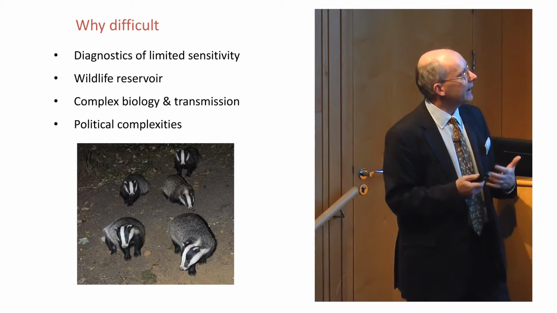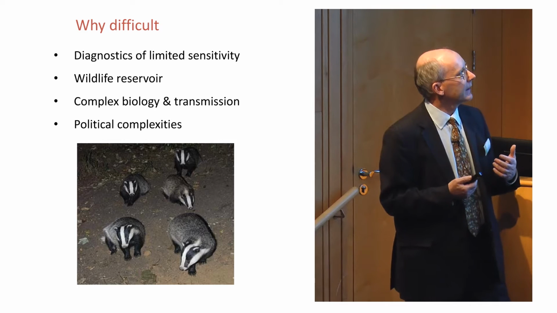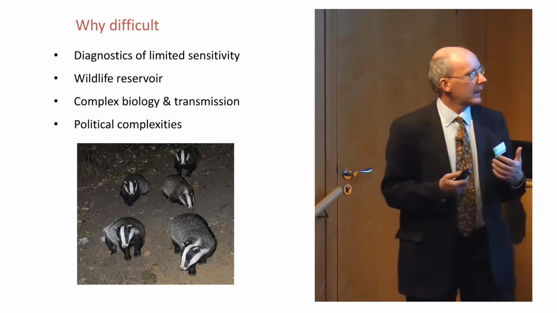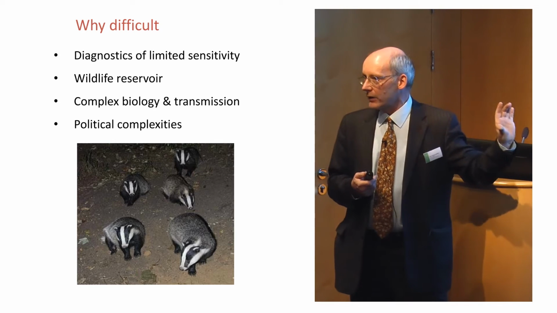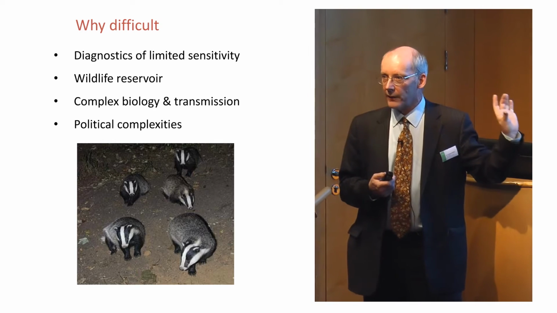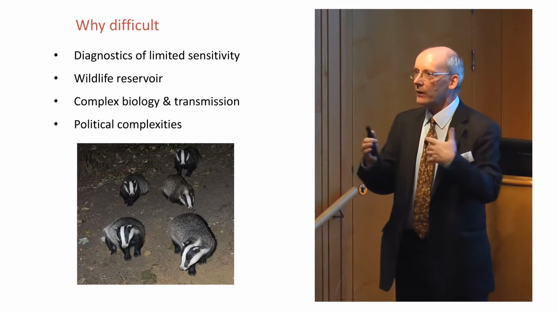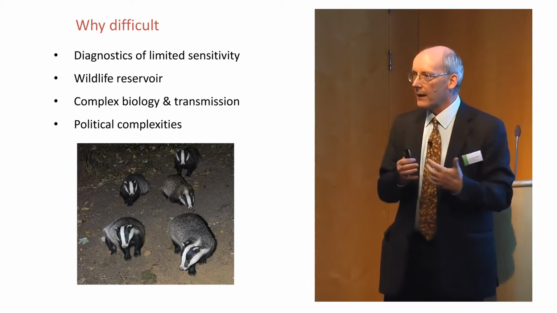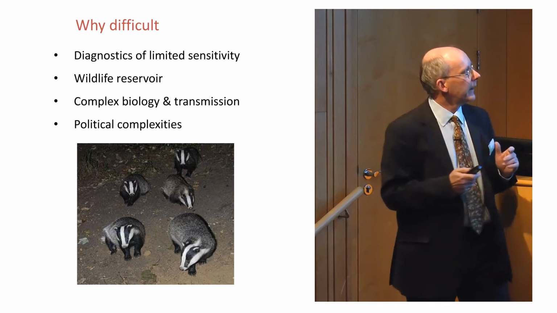It's really hard, and there is no doubt, I think, that badger is the major wildlife reservoir. And the transmission and biology of the disease is very hard to understand, it's complicated, and we don't know as much about it as we'd like, despite fabulous research. It's just such a hard disease.